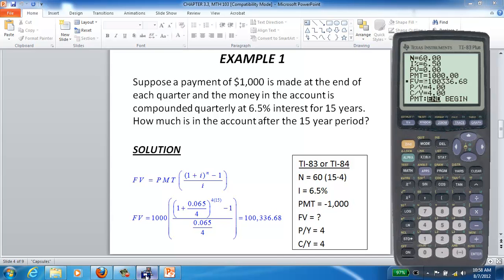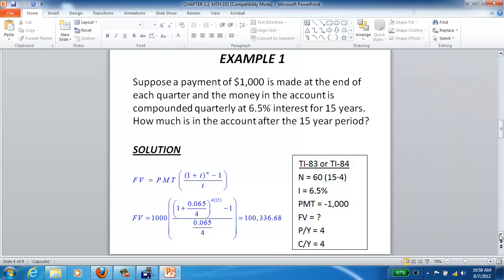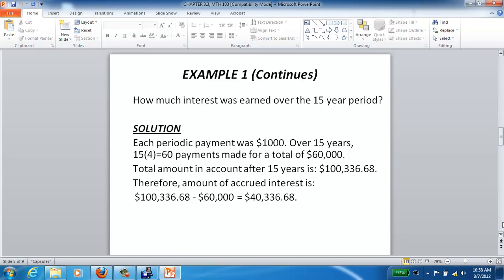Now, the interest that you are going to earn will be the future value minus the amount that you gave all these 15 years. The payment was $1,000, so over 15 years you made a total of $60,000. As a result, the interest will be the future value that we just calculated, 100,336.68, minus the 60,000. So the interest that you are going to earn is 40,336.68.